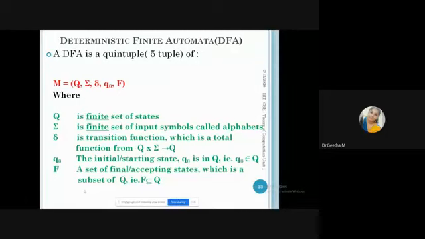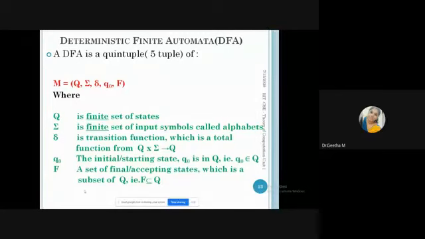So we need the number of states used to design your machine. The total number of states is important. That is why it says finite set of: we know the limit before designing the machine, so Q is a finite set of states.